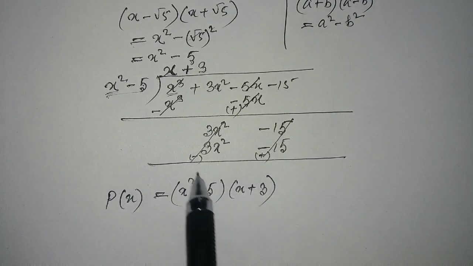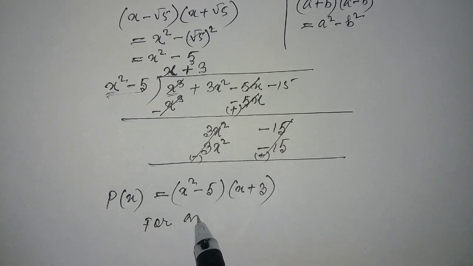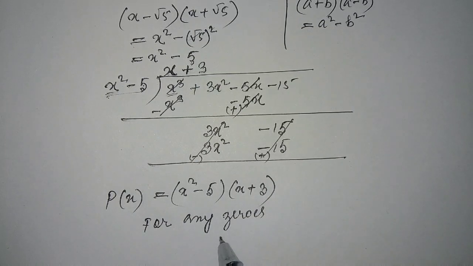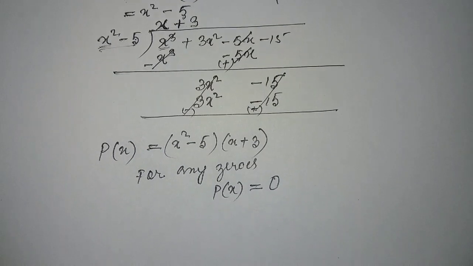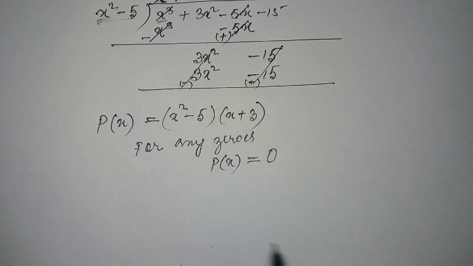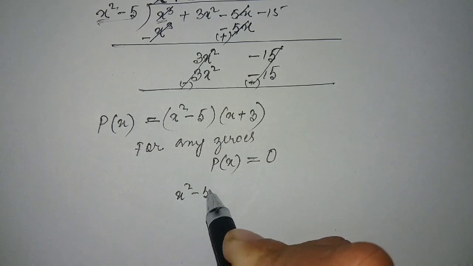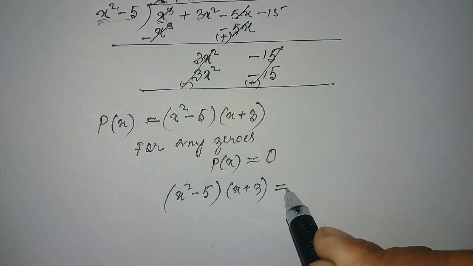Now this is the factor form of the given polynomial. Since we're going to find the zeros, for any zeros of the polynomial p(x), the polynomial should be reduced to 0. So our equation is x square minus 5 and x plus 3 equal to 0.